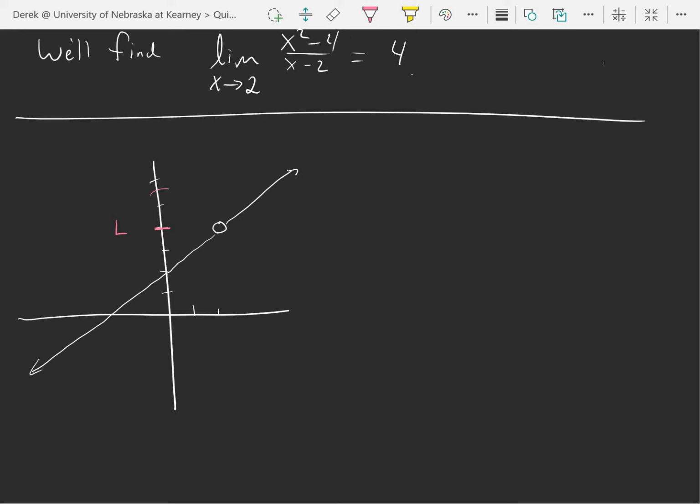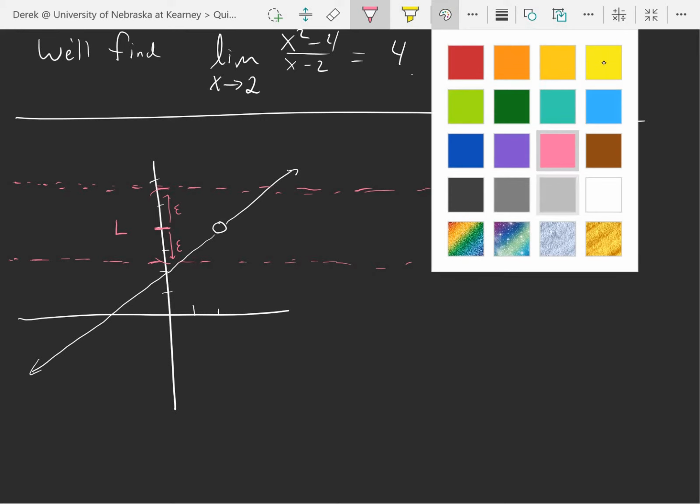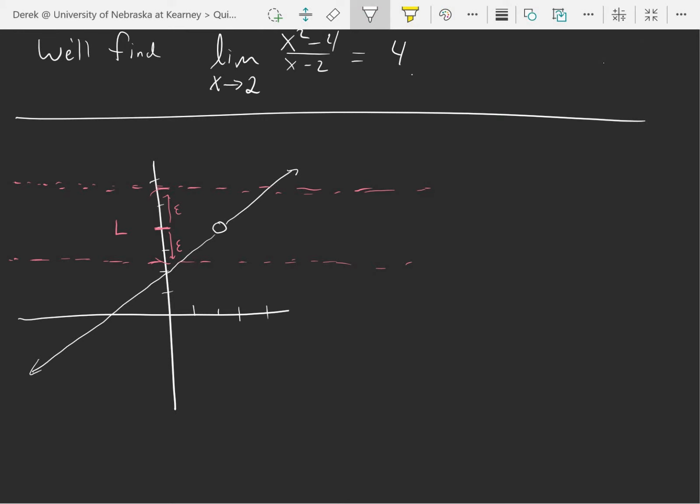And so if I go epsilon out from the limit, what I want to know is, what do I have to restrict the domain to around 2 to stay within this pink band? Right, part of the graph is inside the pink band here. How far in my domain can I get away from 2? Here's 2.